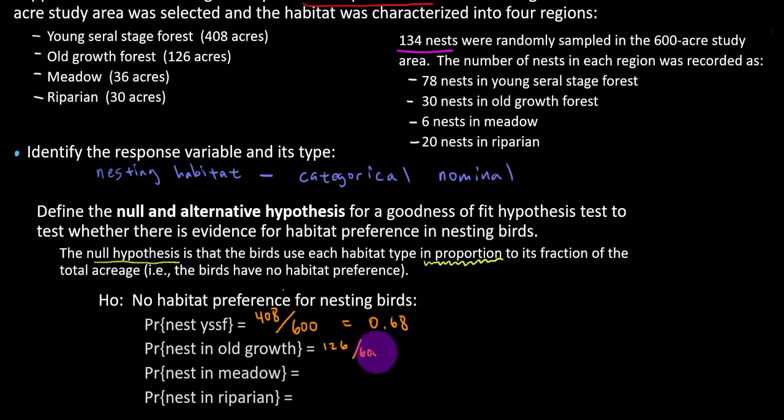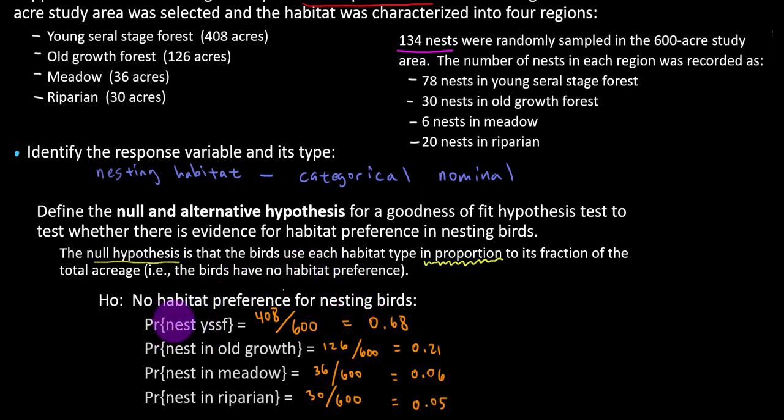And so we're going to go down the line here and write out each of these probabilities. You'll notice I'm just taking the fraction of the acreage for each habitat type and dividing it by the total acreage. Of course, these need to add up to 1.